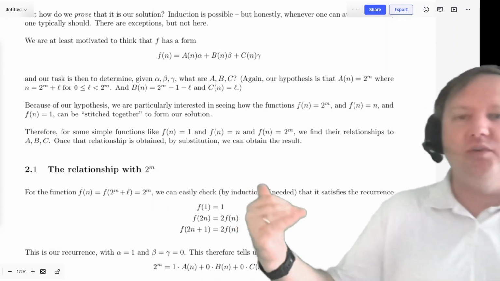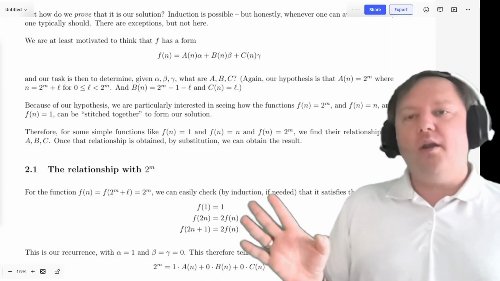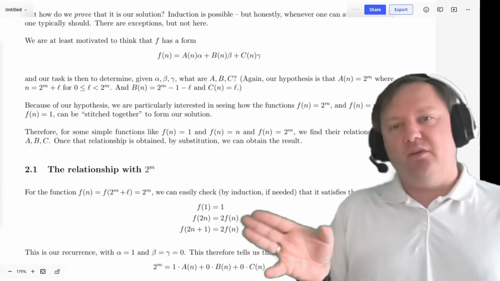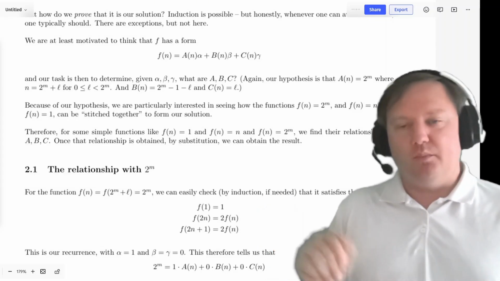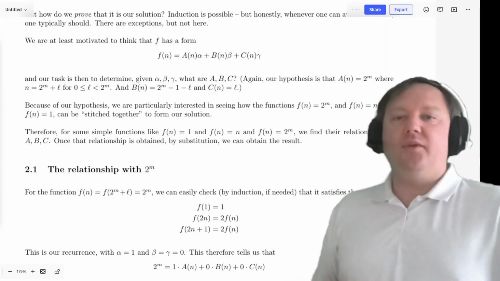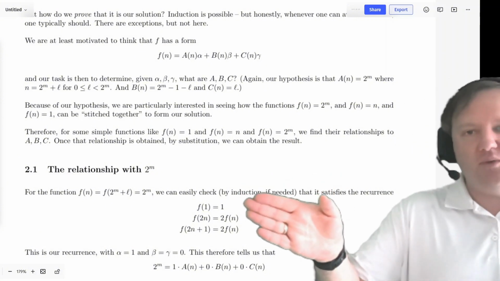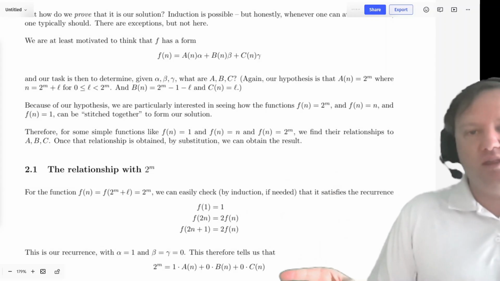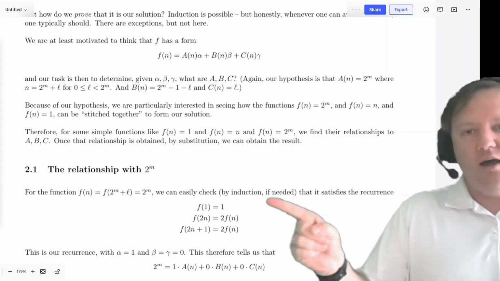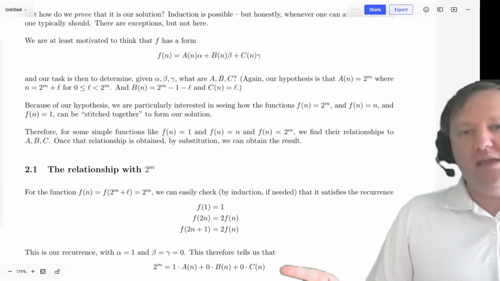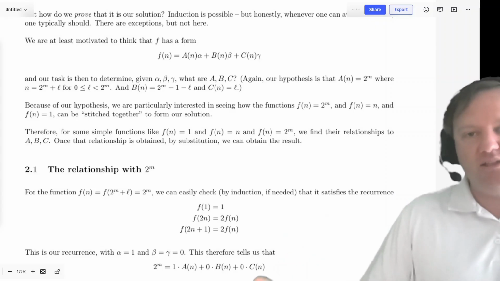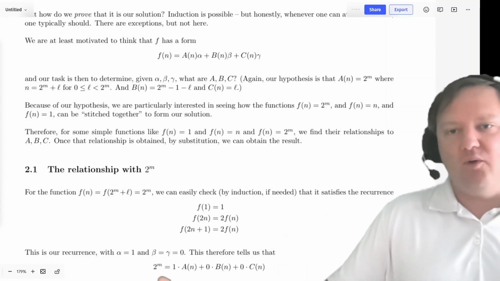Now what we're going to ask is, in the generalized Josephus problem, what are the values of alpha, beta, and gamma, so that they should be the coefficients of A, B, and C, which get us our given function.